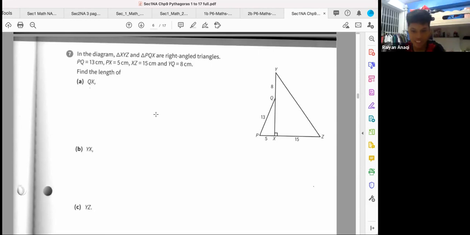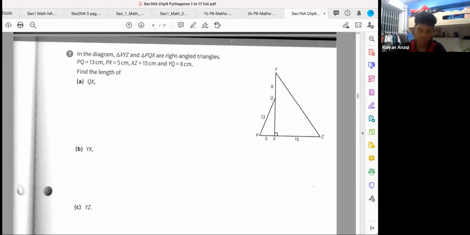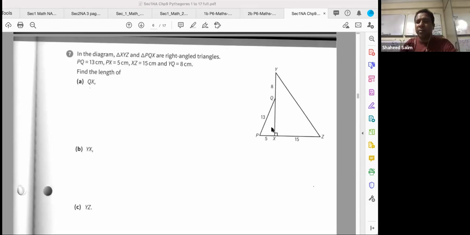Are you confused? You know what QX is, right? QX is just here. So you have this triangle. This must be a right angle, right? Because this one is a right angle, so it must be a straight line. So they want you to find this one only. How? Can you find? Let me try.